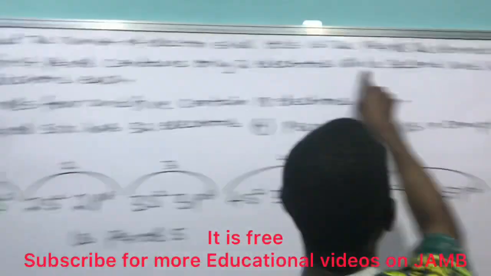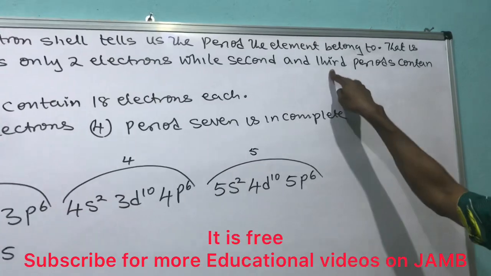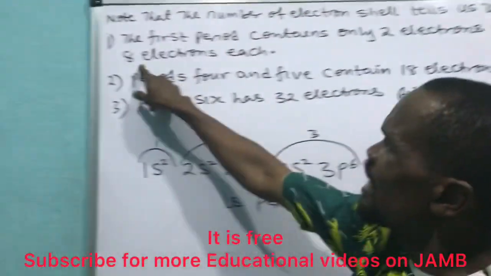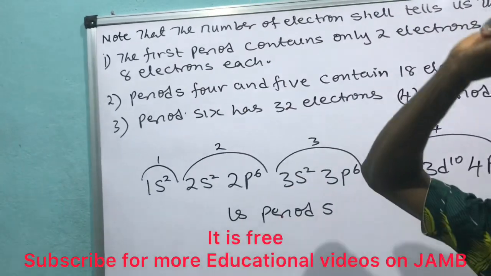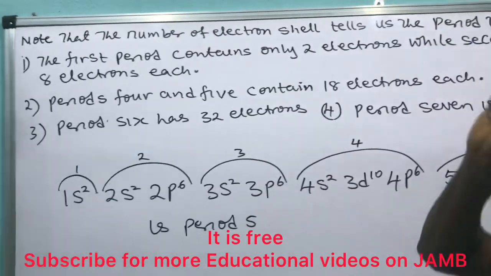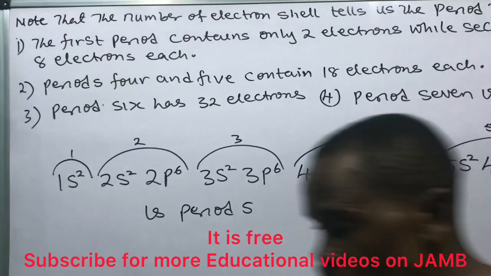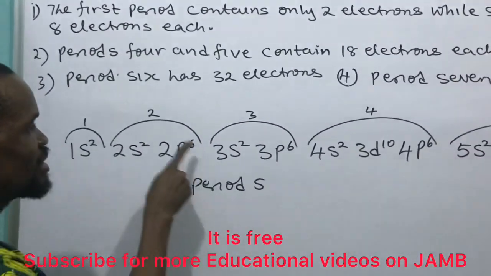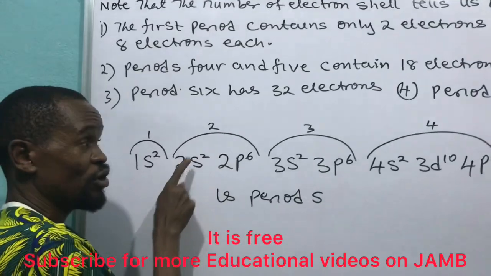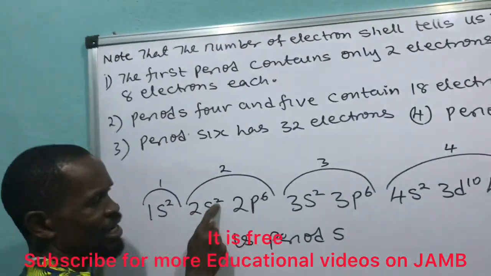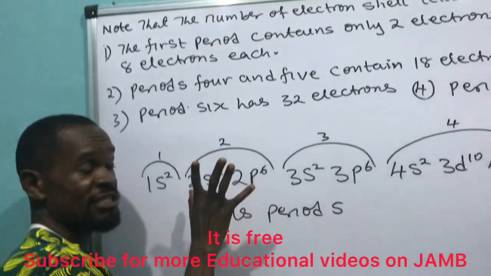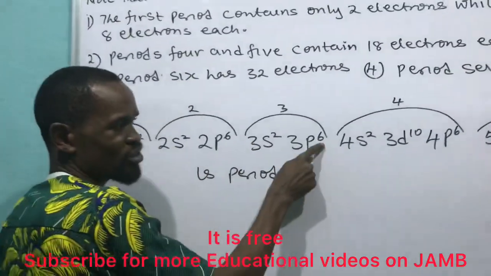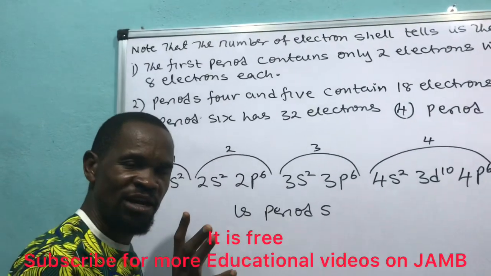And the second and third periods contain 8 electrons each. Look at the second period: 2 plus 6, 8. That's what it has. Look at period 3: 2 plus 6, that's 8.